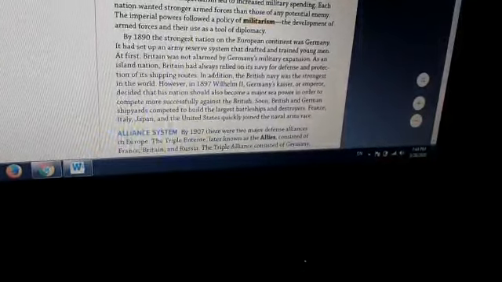In addition, the British Navy was the strongest in the world. However, in 1897, Wilhelm II, Germany's Kaiser or emperor, decided that his nation should also become a major sea power in order to compete more successfully against the British.